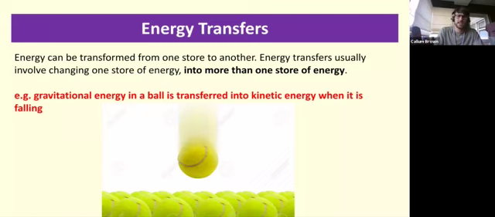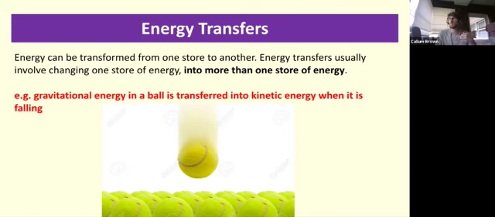As it says here, energy can be transformed from one store to another. Energy transfers usually involve changing one store of energy into more than one store of energy, and that's usually because the other stores of energy are more chaotic. One of the most common stores of wasted energy is thermal energy.